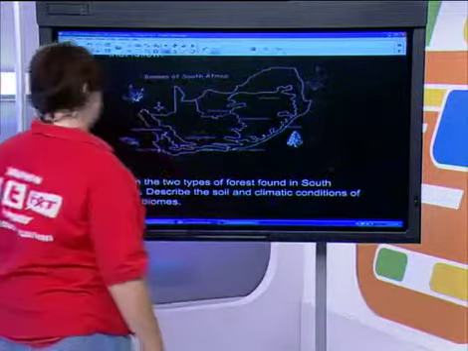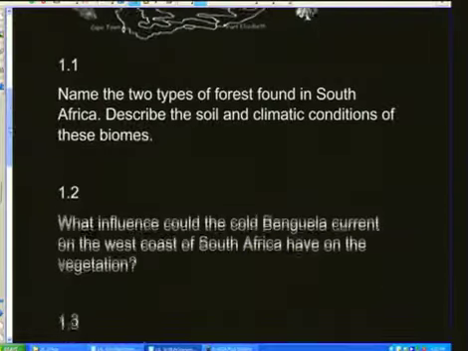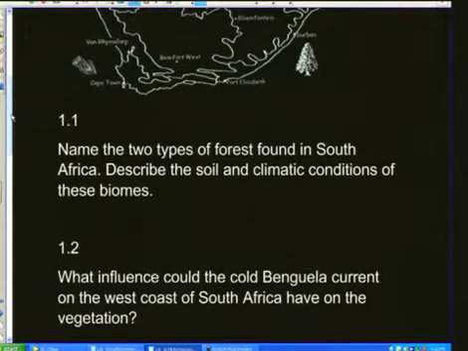All right, let's start. The first question says, name the 2 types of forests found in South Africa. Describe the soil and climatic conditions of these biomes. If you remember over here, what did we have? We had forests.